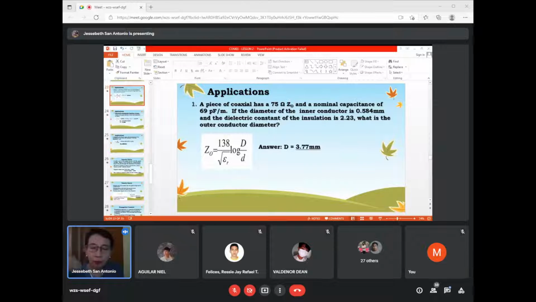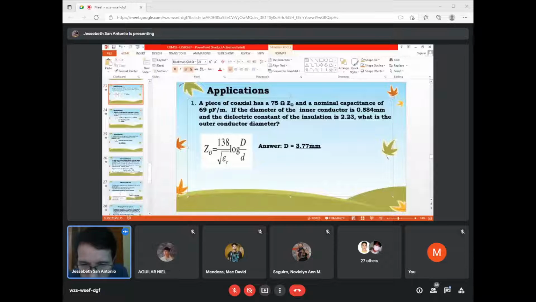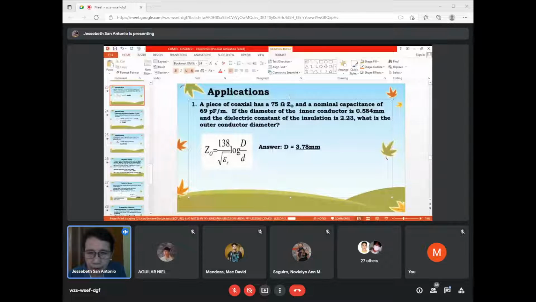Ultimately, at the final answer, that is the time to use only two decimal places. So it is 3.784 mm. If you get that, your answer is not far off.